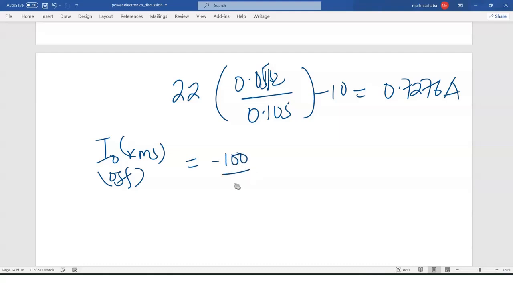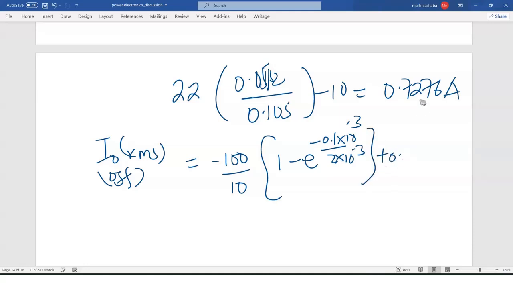Negative 100 divided by 10 into 1 minus exponential of negative 0.1 times 10 power negative 3 divided by 2 times 10 power negative 3. Then we are going to add 0.7276 times exponential of negative 0.1 times 10 power negative 3 divided by 2 times 10 power negative 3.